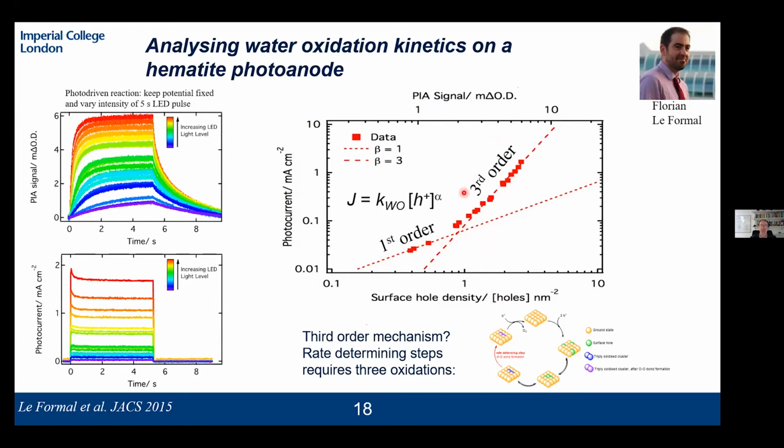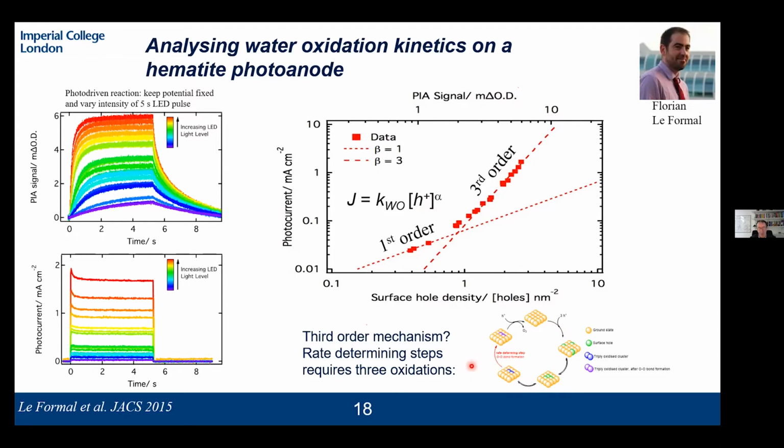Another regime where there seems to be some sort of cooperative effect between holes at the surface, which means that the current density goes up with the cube, the third power, of how many holes you accumulate at the surface with that light. So you have, most simply, the idea that the rate determining step of this third order mechanism involves three oxidized species on the surface coming together to drive the rate determining step, which is probably OO bond formation.